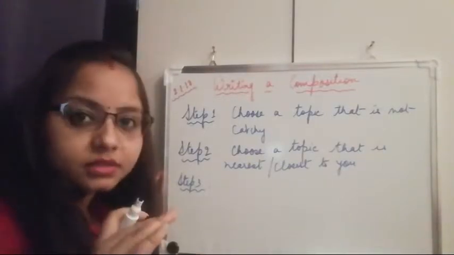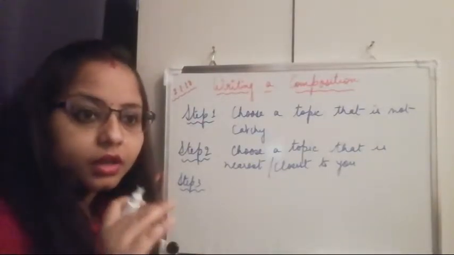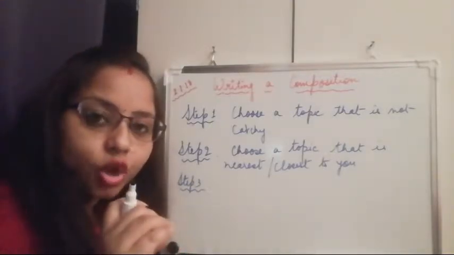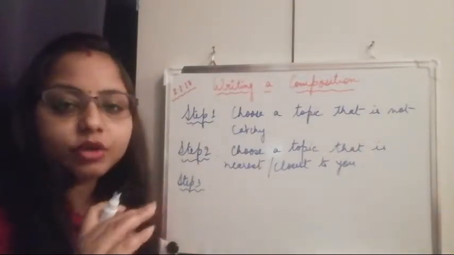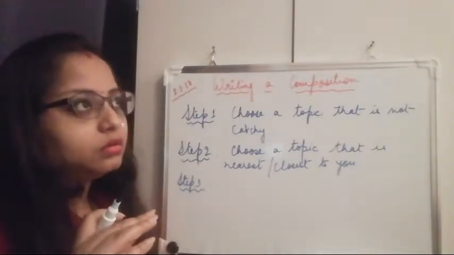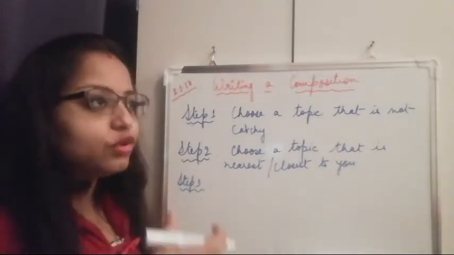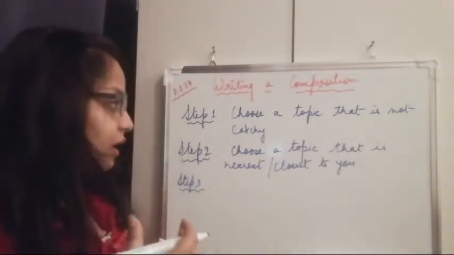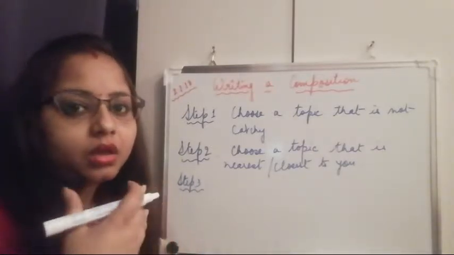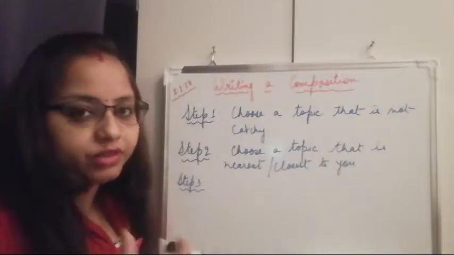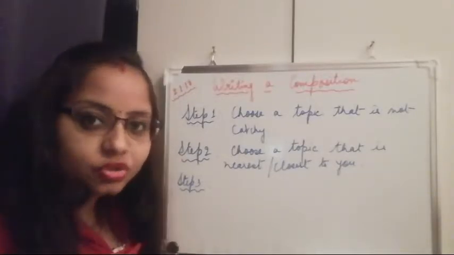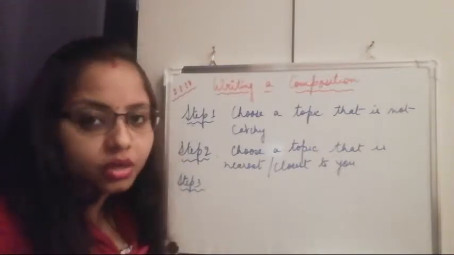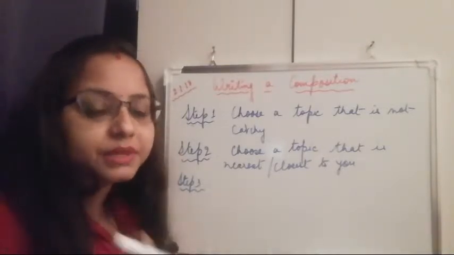Take 5 minutes for yourself in recapitulating some points on the topic. They may be random points. I'm not telling you to start thinking right from the introduction, then the paragraphs and the conclusion. No, they need not be consecutive. They need not be very arranged, but try to think of a set of points which you can relate to that particular topic.